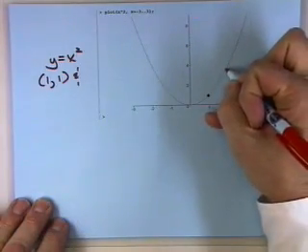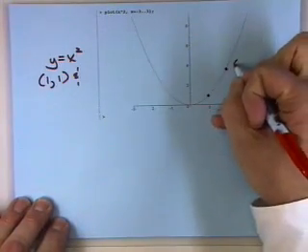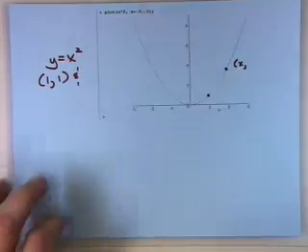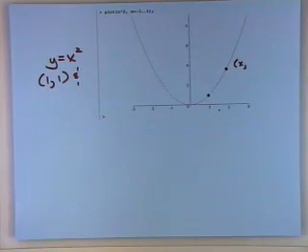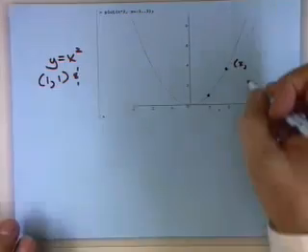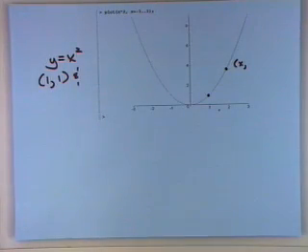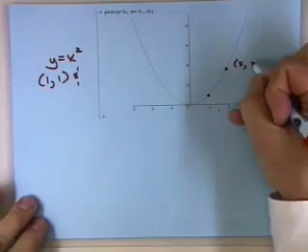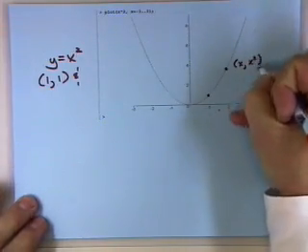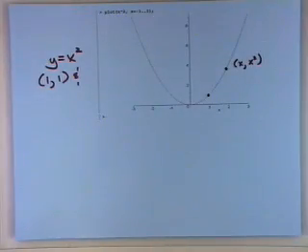I'm going to pick the point x. So I want to leave it open. I want the second x value to just be wide open. X, comma, well, you tell me what the y value is. What do you do with any x value to get its corresponding y value? Square it. So if the x value is x, the y value is the square of x.